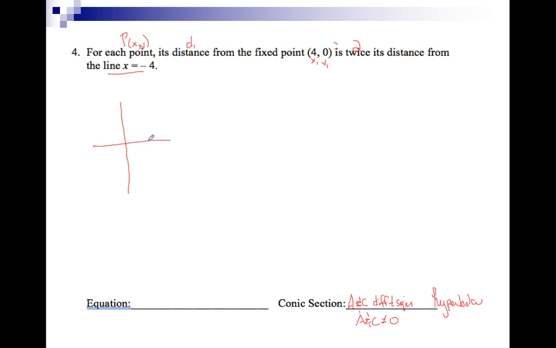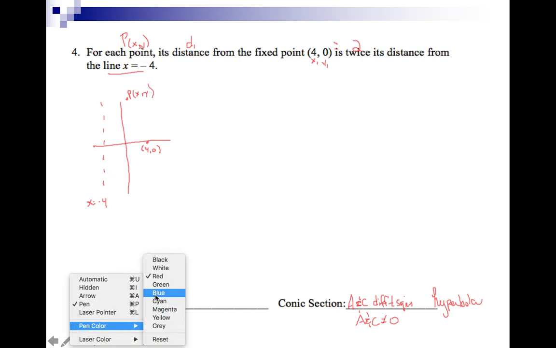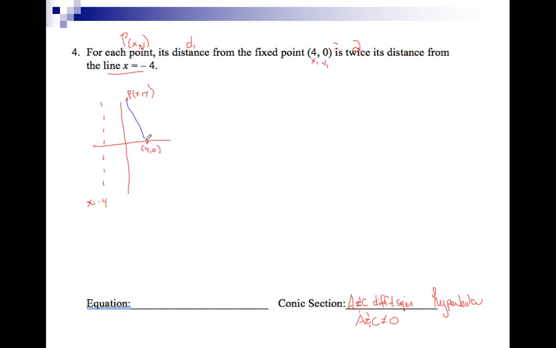So I have the point (4, 0), and I have the line x equals negative 4, and I have a random point P. So the first distance is easy, right? That's distance 1. So distance 1 is twice distance 2.